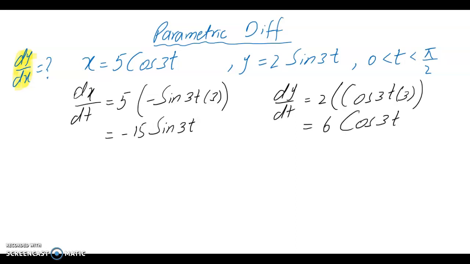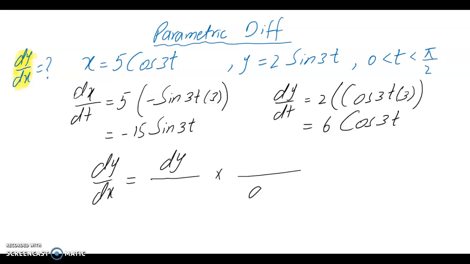So if you simplify, this becomes 6 cos 3t. Now we are looking for dy by dx, but we have dy by dt and dx by dt. So here we use the chain rule.